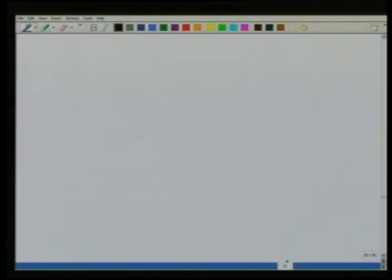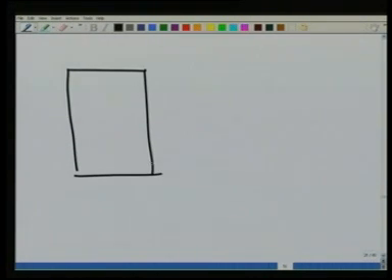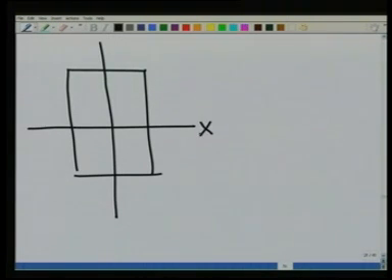Now, again I will leave it as an exercise for you to show that for a rectangle the principal set of axes are these. Let us call this the x axis, y axis. If I take the center as the origin, passing through the origin, x axis is this, y axis is this way and z axis obviously coming out.